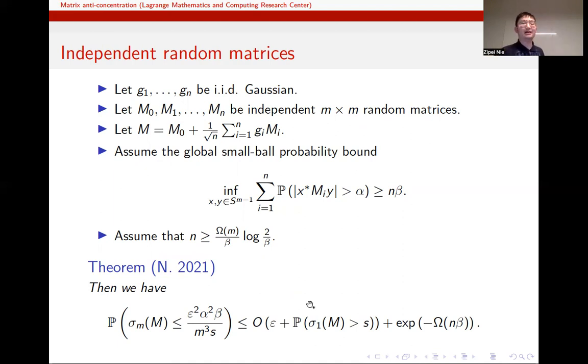And the global small ball probability looks the same or similar. What is different here is that we have an additional assumption on the lower bound of n. The n is at least m over beta times some log factor.